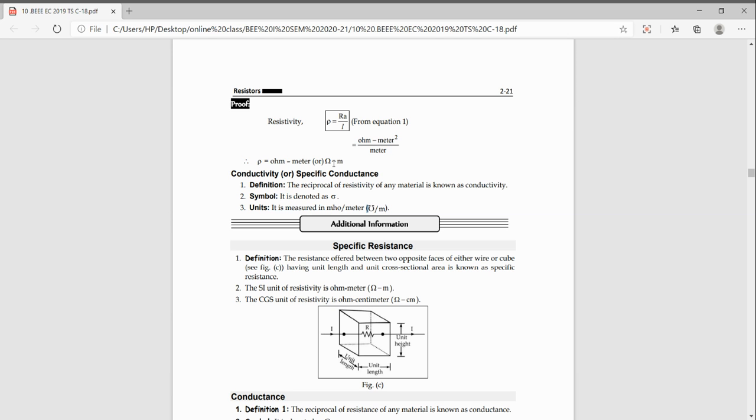This is ohm and this is mho. So the reciprocal of resistivity is conductivity, which I can say is 1 by rho. Okay, 1 by rho is conductivity.